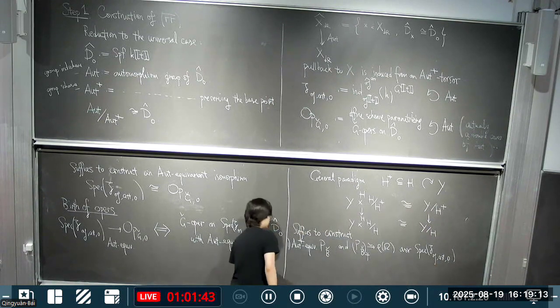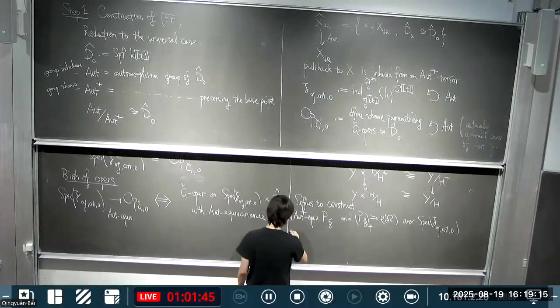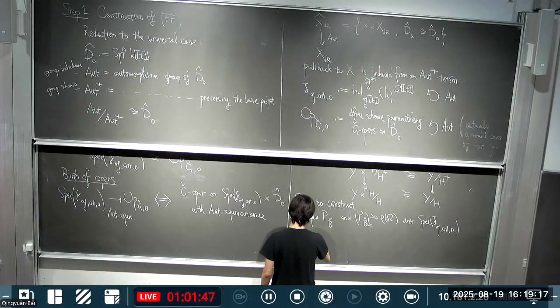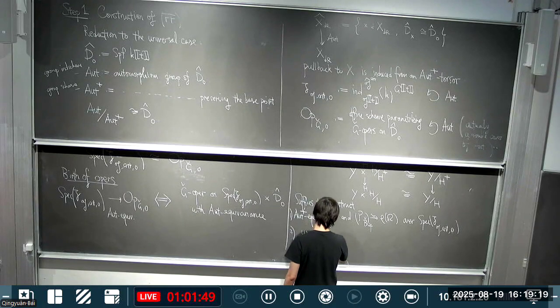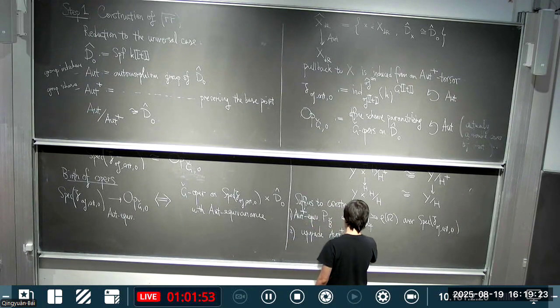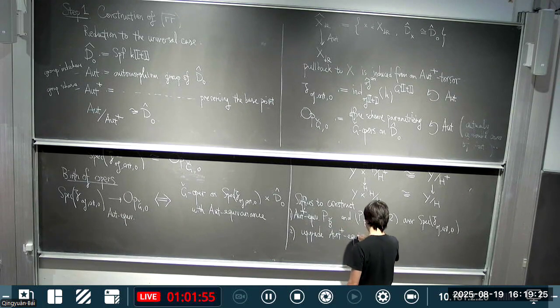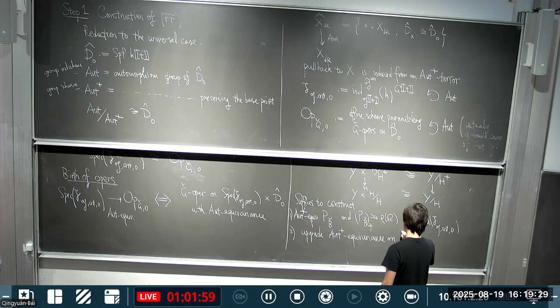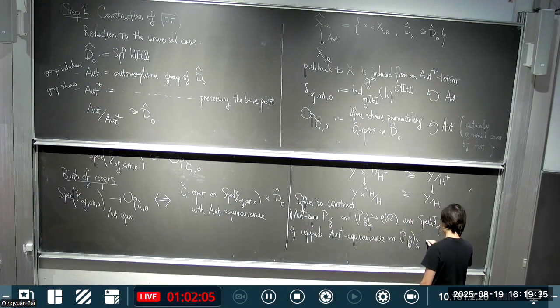So here, the second piece of data is to upgrade Alt plus equivariance on P of G check, so the induced G check bundle, to an Alt equivariance.